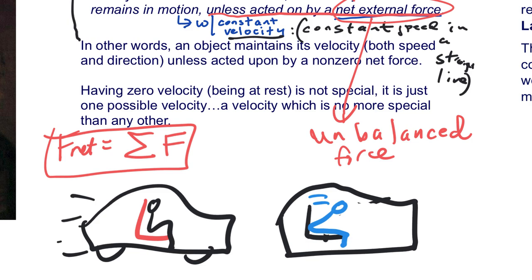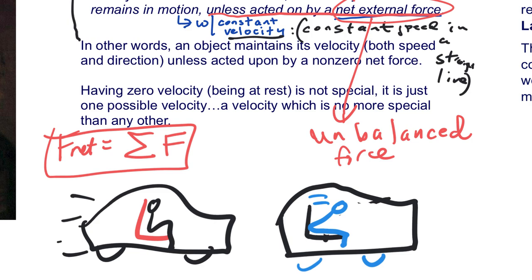Okay, if this was really exaggerated, you weren't wearing your seatbelt, and the car suddenly stopped, you're an object that was in motion, and you continue moving with the speed of the car forward.